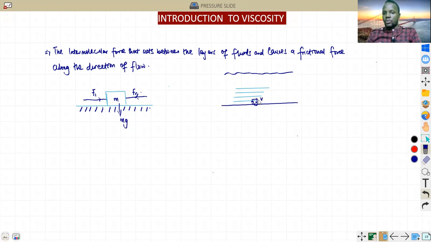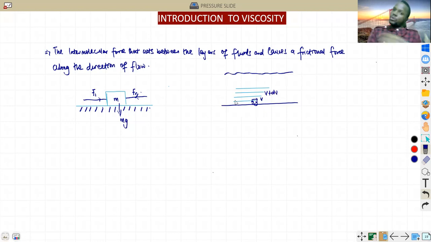As you move upward, you can see that there's an increase in the flow. This is because of friction that reacts on top or below the surface here. So moving from a point of v, the velocity of flow will increase to v plus dv.